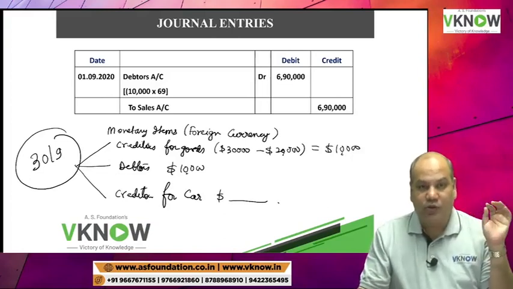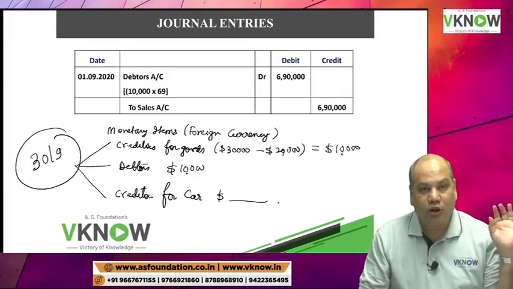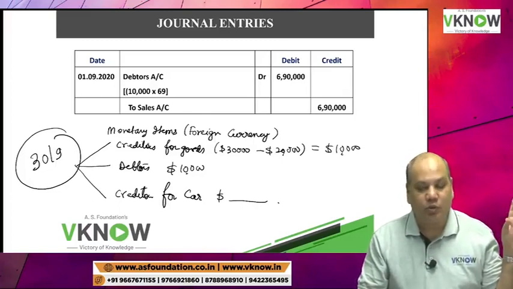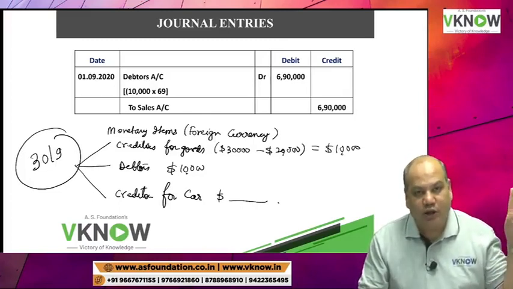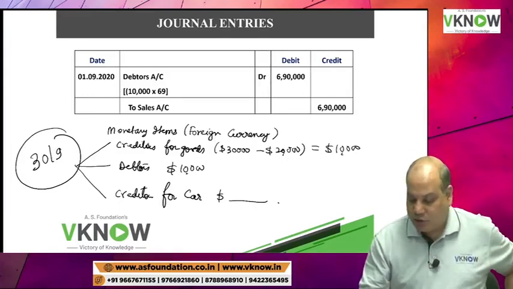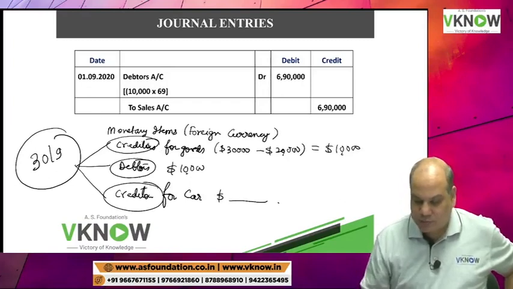Initially we purchase something from a creditor, the first entry is not a monetary item because that is in home currency. The first creditor is already in rupees. That will not be adjusted. But these are the parties who are required to be adjusted.